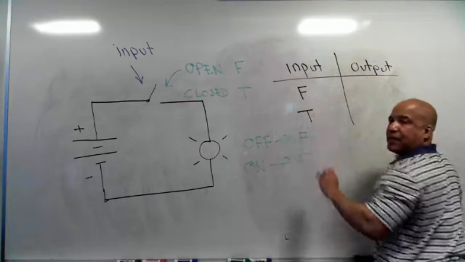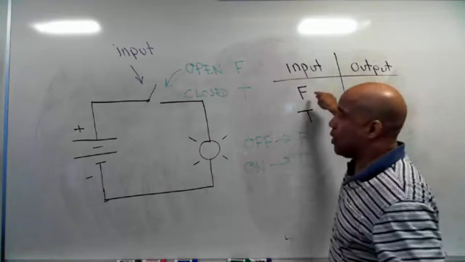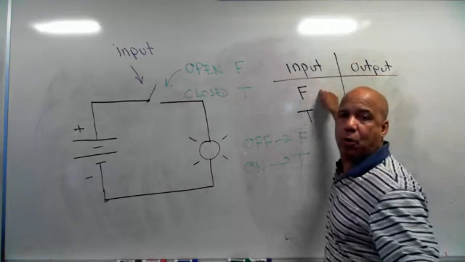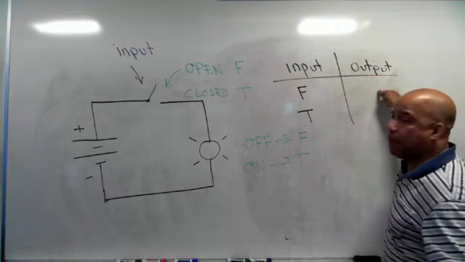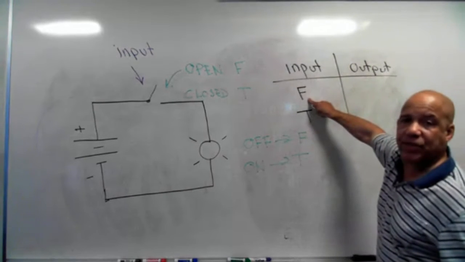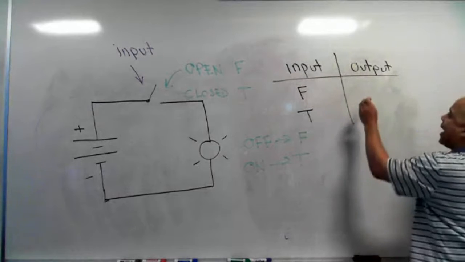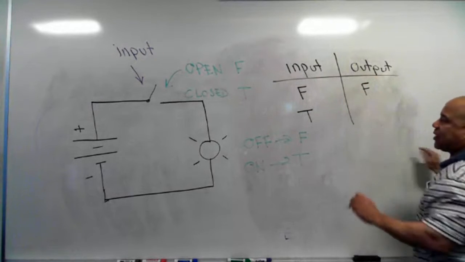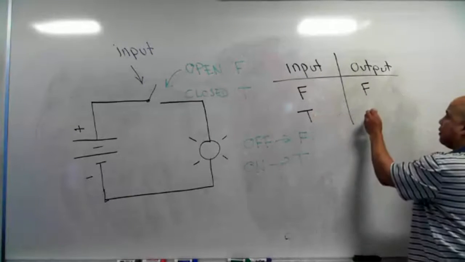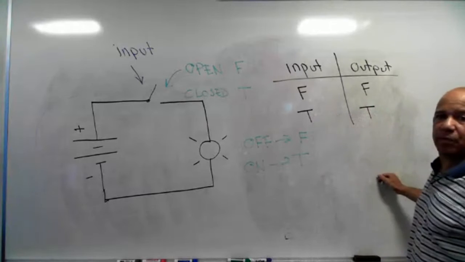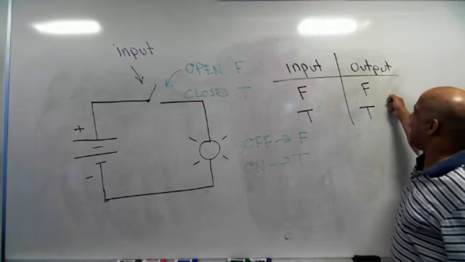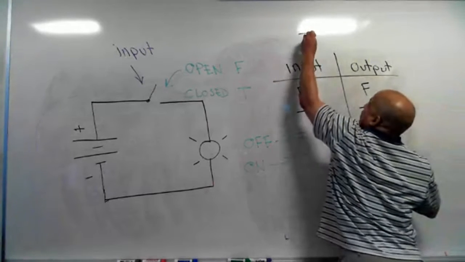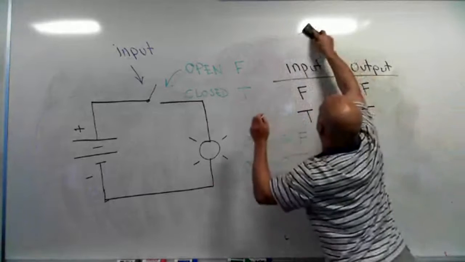If it's closed, I say the input condition is true. Now, based on whether that switch is open or closed, if my switch is open, false, then my output is going to be false. If my switch is closed, the bulb's going to come on, so my output's going to be true. This right here is called a truth table.